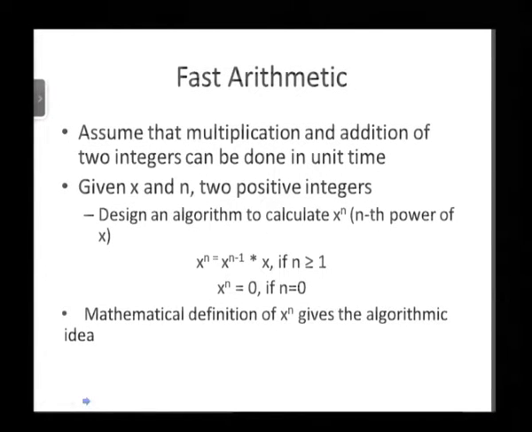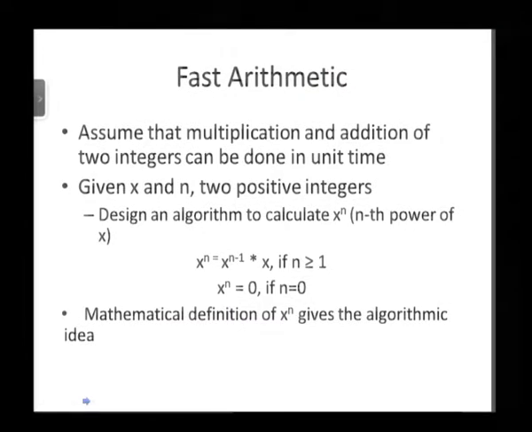So, let us start off with the contents of the first lecture, which is all about fast arithmetic. Now, in these issues we make some minor assumptions which are often verifiable as being satisfied by most processors. We assume that multiplication and addition of 2 integers can be done in unit time.